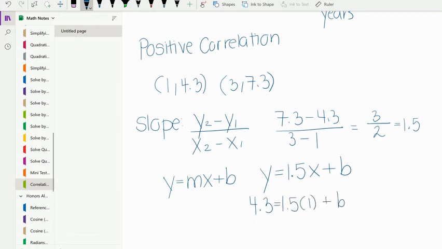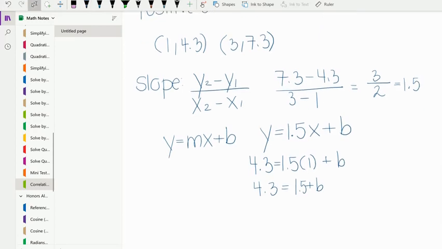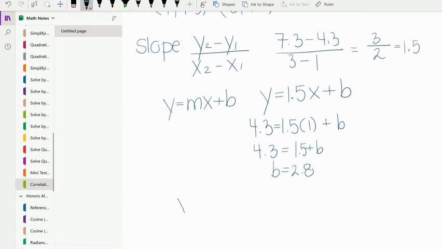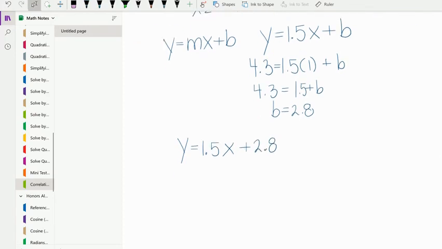I multiply 1.5 times 1 and just get 1.5. Then I subtract 1.5 to get b, and b ends up equaling 2.8. So that means the equation for the line of best fit is y = 1.5x + 2.8.